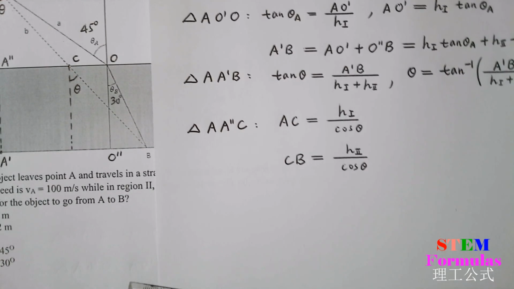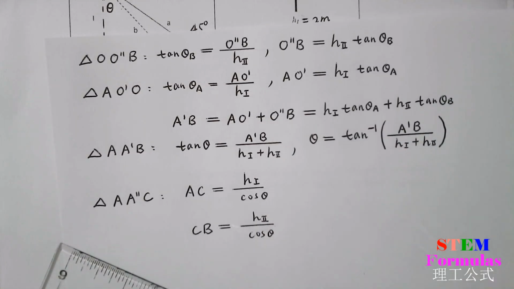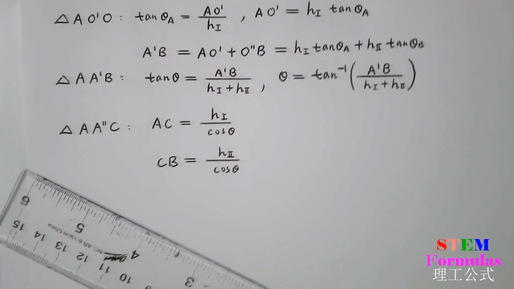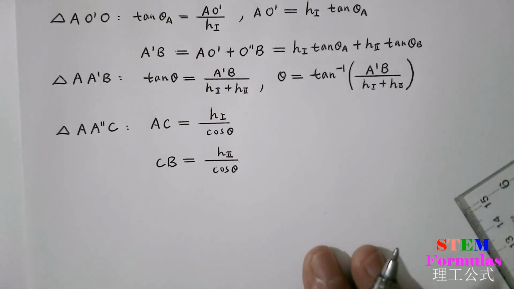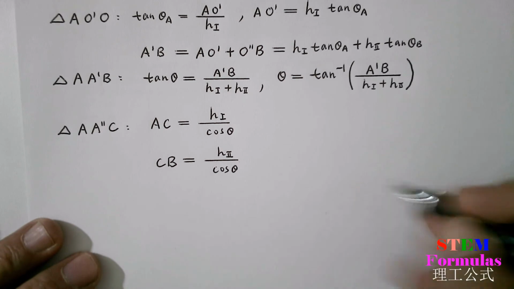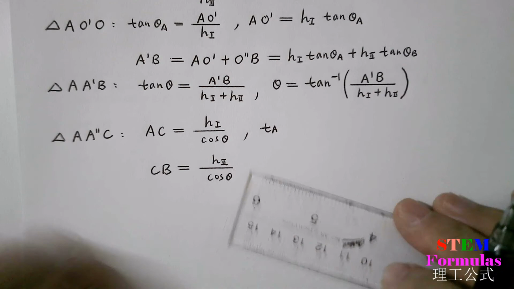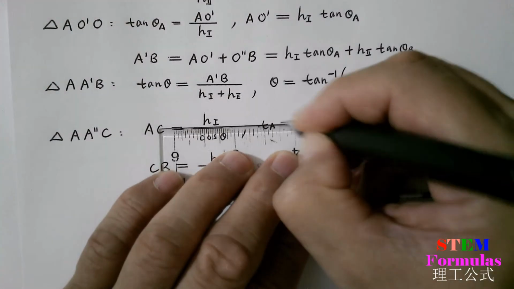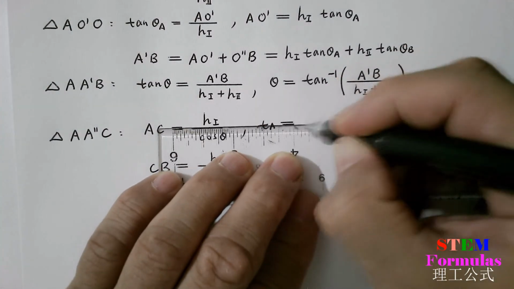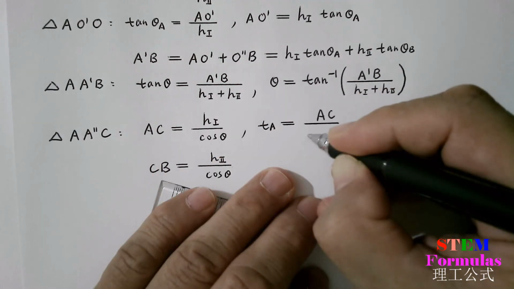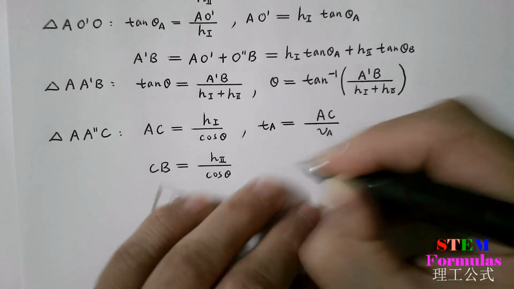Now, as long as I have AC and CB, I then can calculate the time. So time TA equal AC divided by VA.